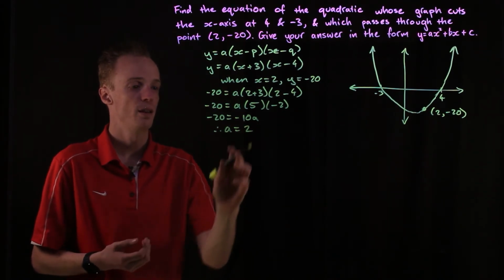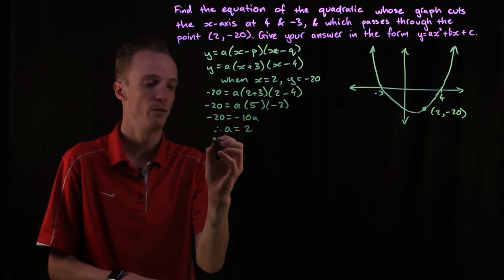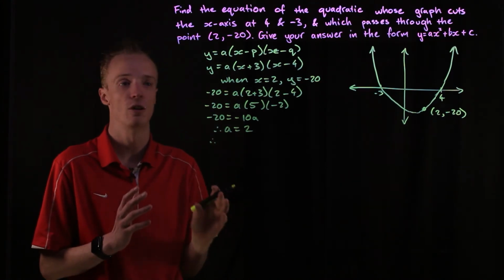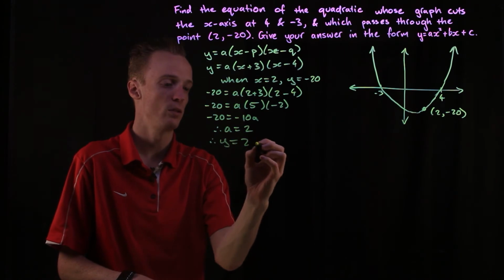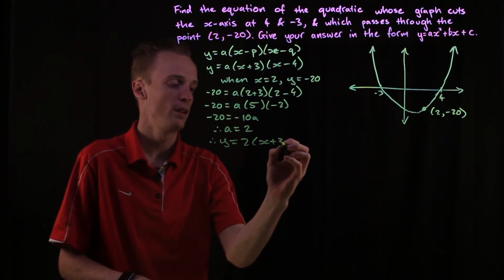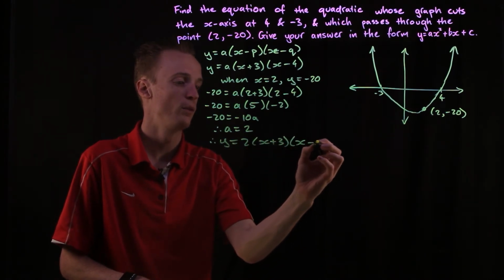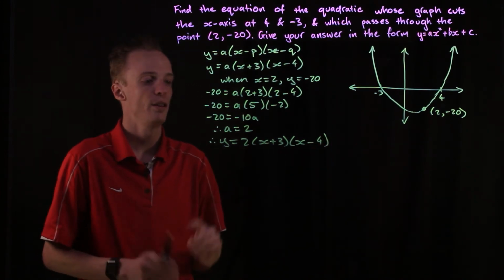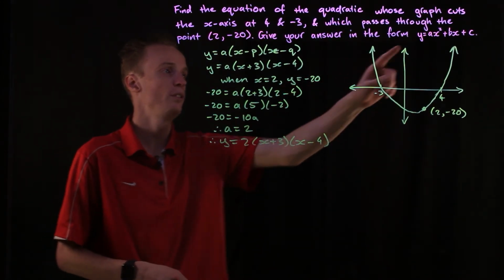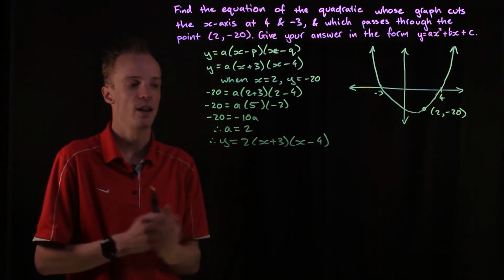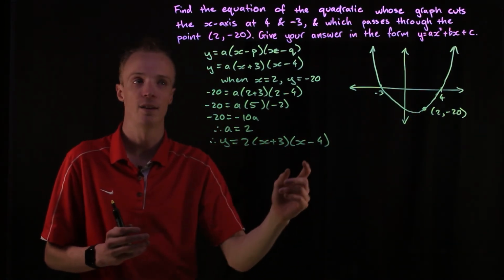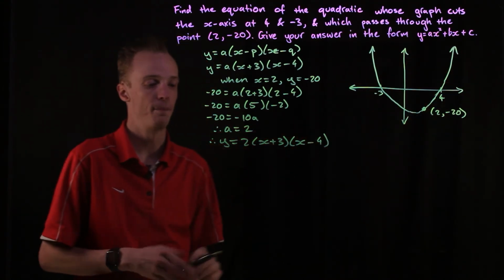So that way I can substitute this 2 back into my original function, and I've found the function of the quadratic that I've got here drawn. So y = 2(x + 3)(x - 4). The only thing I haven't got now is it's not in the format of y = ax² + bx + c. So I now need to expand these brackets here to represent it in this format.